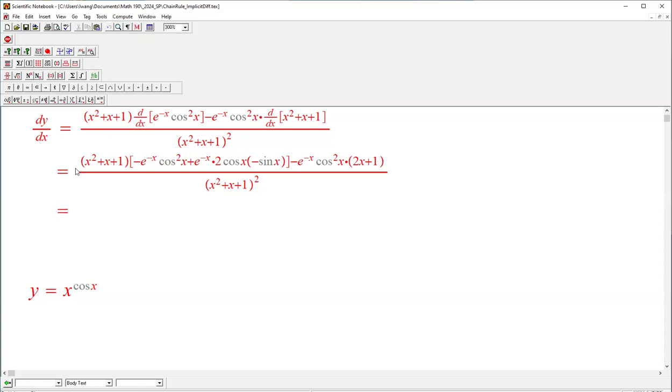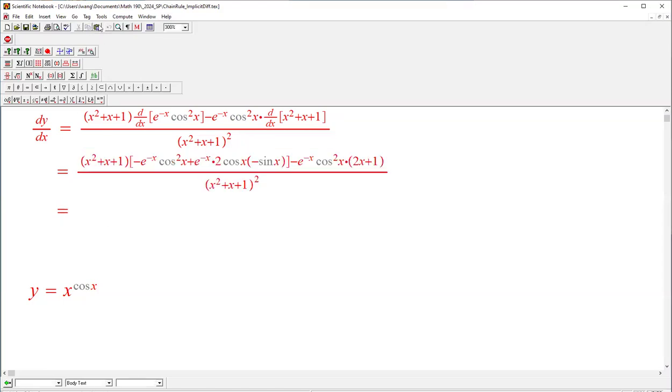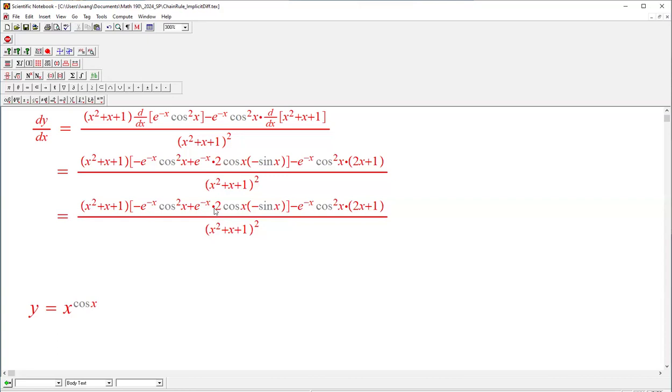And then we continue to simplify. We'll continue to simplify e to the power negative x. e to the power negative x can be factored out. And there's a negative e to the power negative x that can be factored out. But before we do that, look, there's a negative sign here.